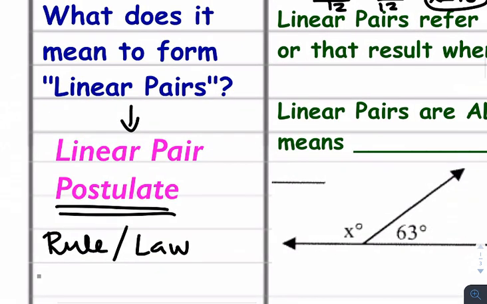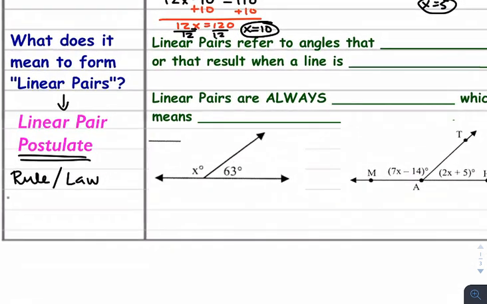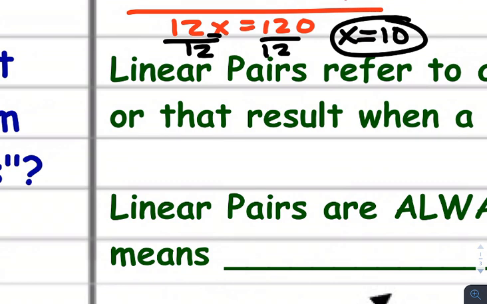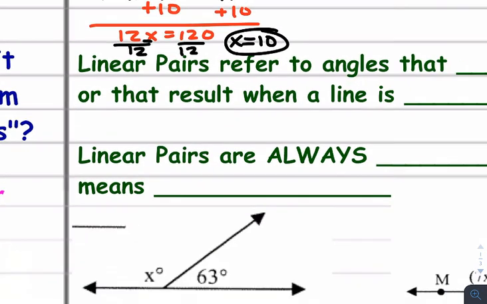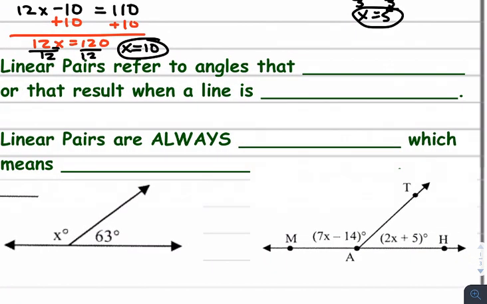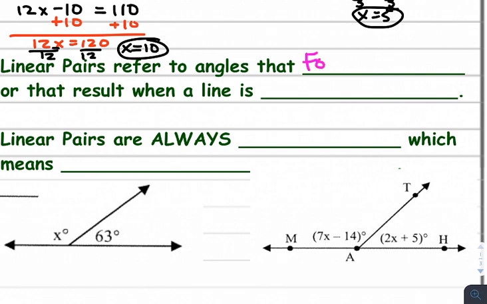And so linear pairs, if you break down that word, linear means line, pairs means things together. And so no surprise here, linear pairs refer to angles that either form a line or that result when a line is divided into parts.